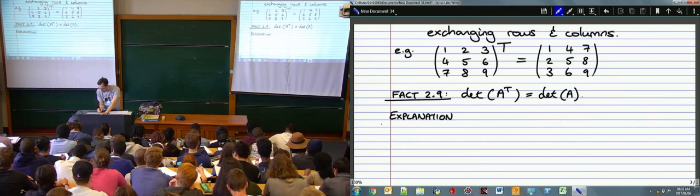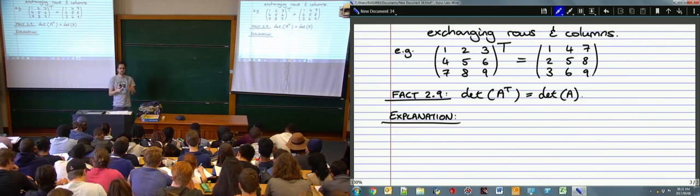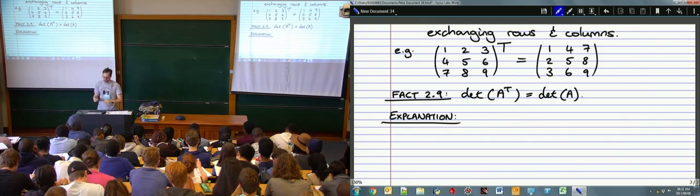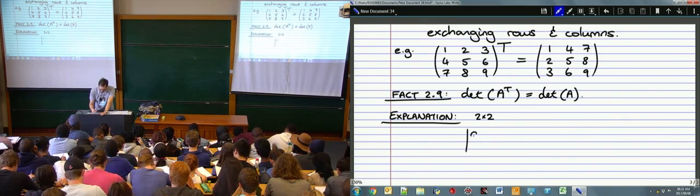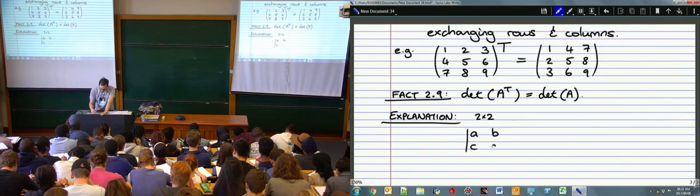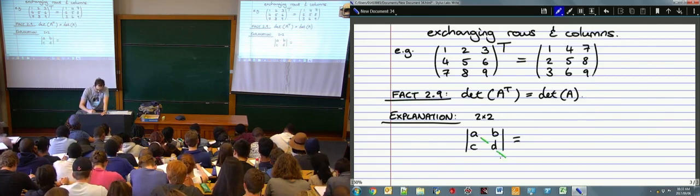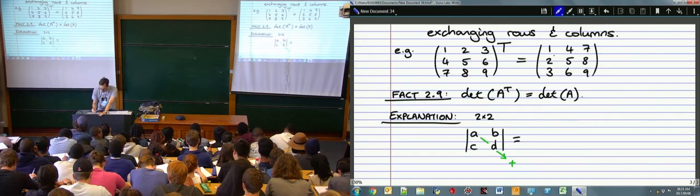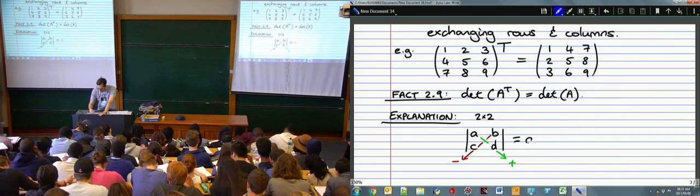I'm starting with the 2x2 and then working up to the 3x3 case and so on, because we know that one of the ways we defined the determinant was recursively. So we start with the 2x2 case. If you take the determinant of a matrix A, B, C, D, that's equal to, you take the product on that diagonal with a positive sign, the product on this diagonal with a negative sign, so that would be AD minus BC.